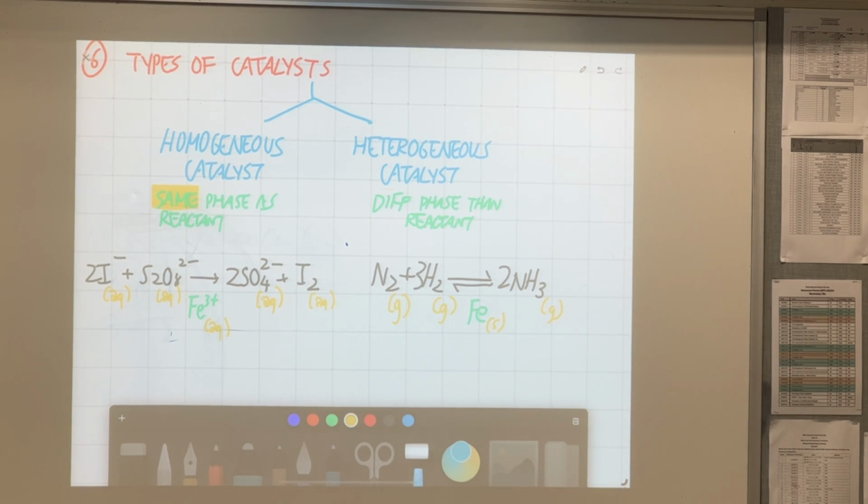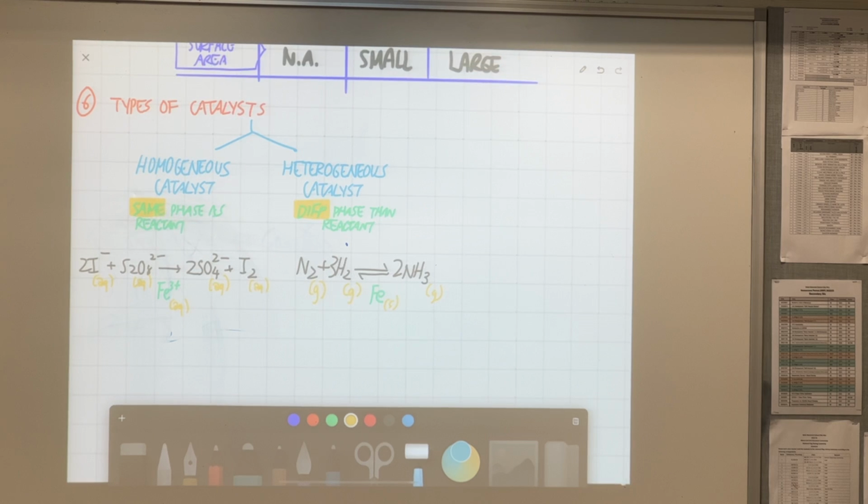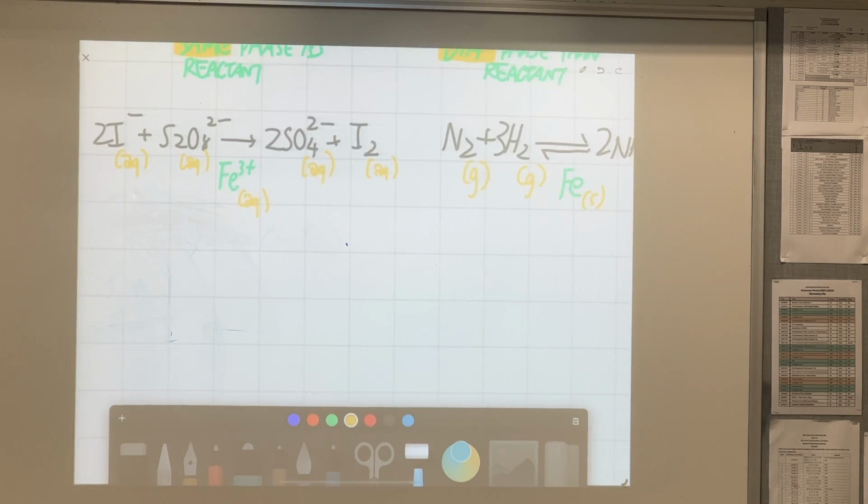So, how do catalysts work? And why is it that catalysts are chemically unchanged, you see this key point here? Why can catalysts remain chemically unchanged at the end of the reaction? Because they can be regenerated. Do you remember this equation again? It's 2I minus plus 2Fe3 plus.